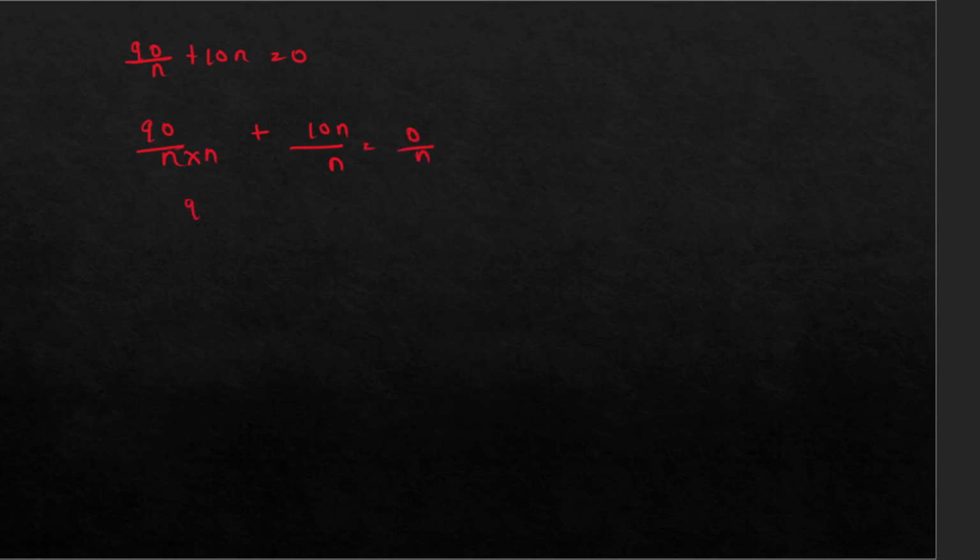So this will eventually be minus 90 plus 10n square equals 0. Okay, any doubt here till now?